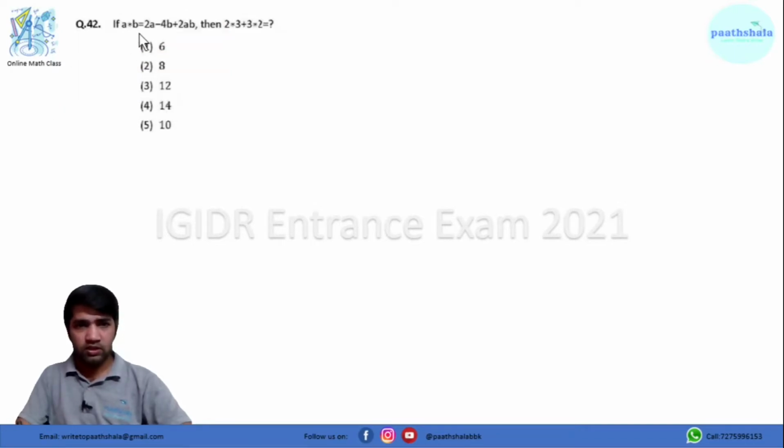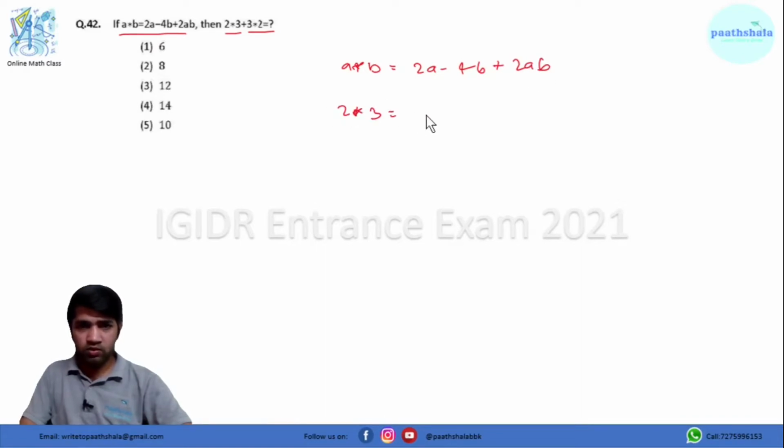Now a star b is defined as this. We have to find 2 star 3 plus 3 star 2. So a star b is 2a minus 4b plus 2ab. So 2 star 3 will come out to be 2 into 2 minus 4 into 3 plus 2 into 3. This will be 4 minus 12 plus 12, so 12 and 12 get cancelled out, it will be 4.